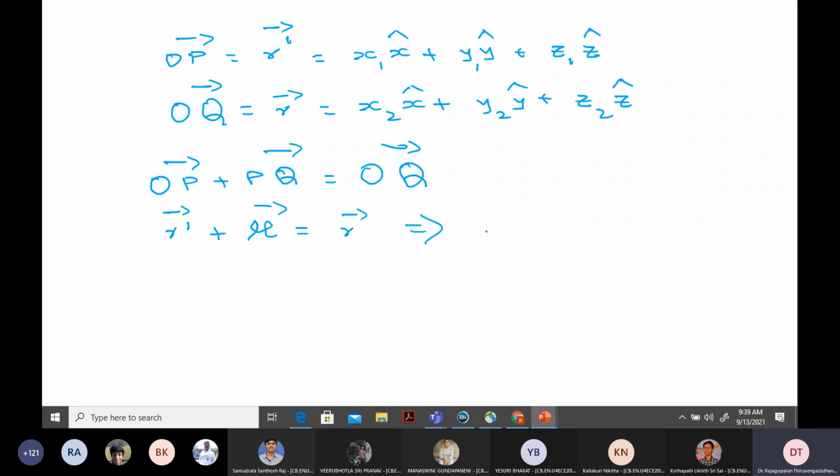So this implies r equals vector r minus vector r prime. Okay, so this is my separation vector. So these are my position vectors.